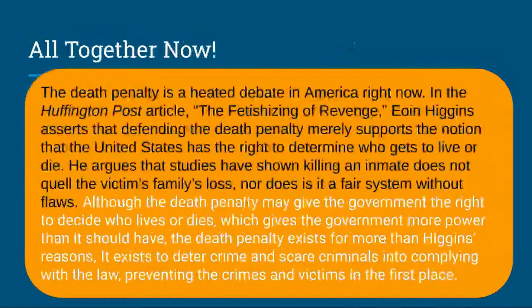But the word although, that transition, essentially alerts the reader to the idea that we're going to be switching gears here, and we're going to be saying, okay, I sort of agree with them, but I mostly disagree, and these are my reasons, right? It exists to deter crime and scare criminals. That'll probably be one body paragraph, preventing crimes and victims in the first place.